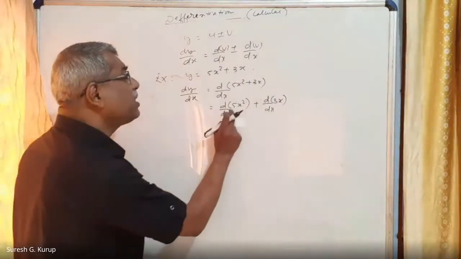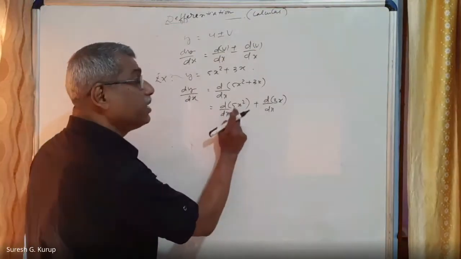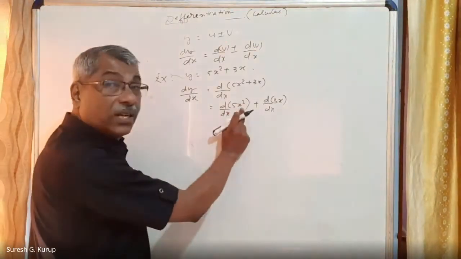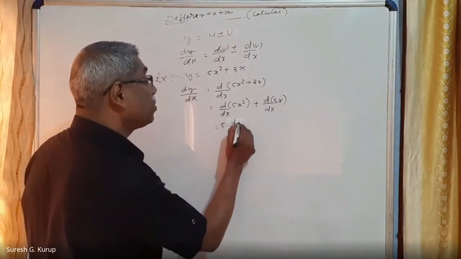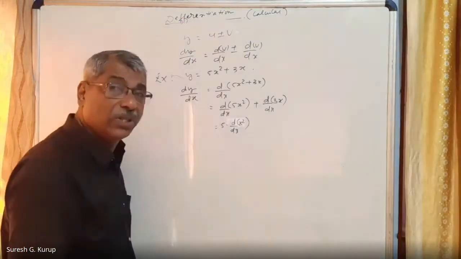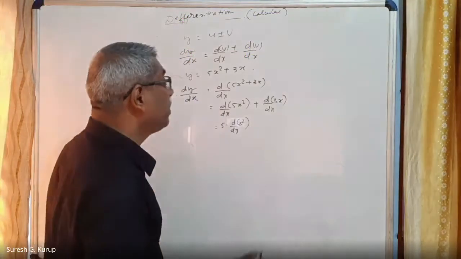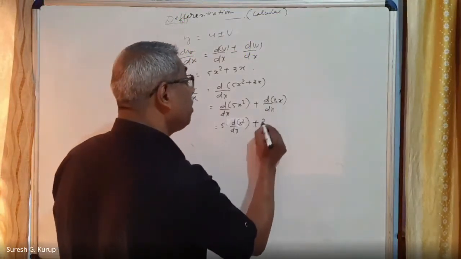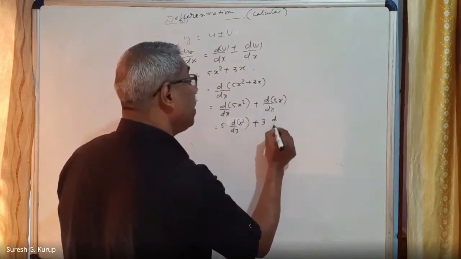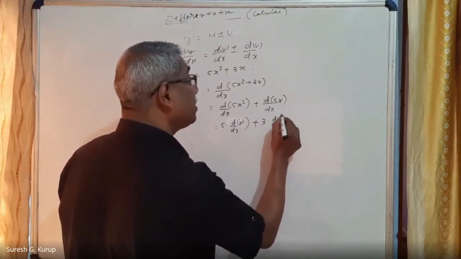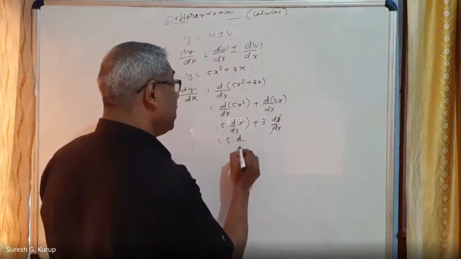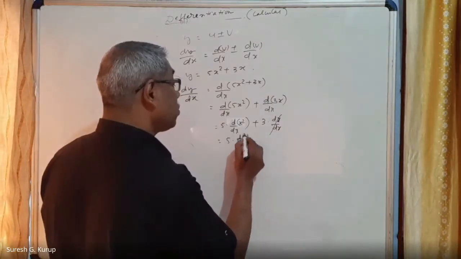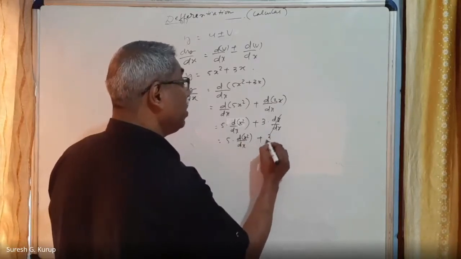How is this done? This is the y is equal to cx condition. This is c and this is x. So 5 is taken outside. 5 into d by dx of x squared. Squared function differentiation we will tell afterwards. Plus 3 is taken outside, 3 into d by dx of x. This is cancelled. So here this is equal to 5 into d by dx of x squared plus 3 you will write.